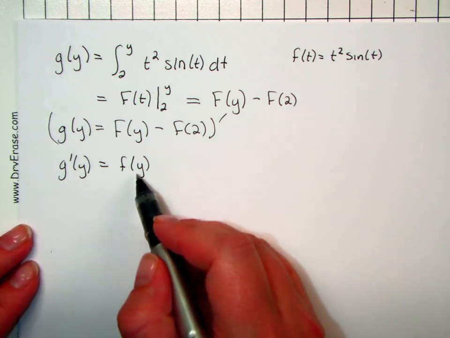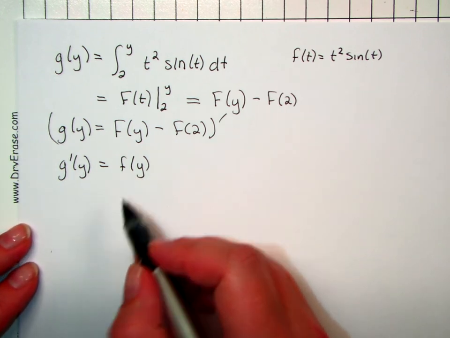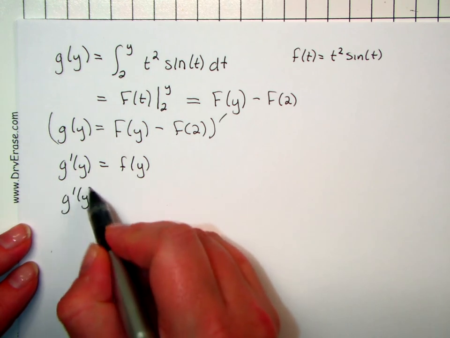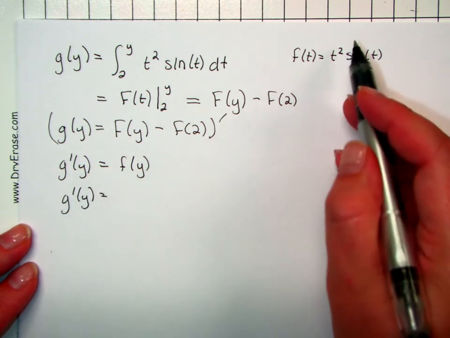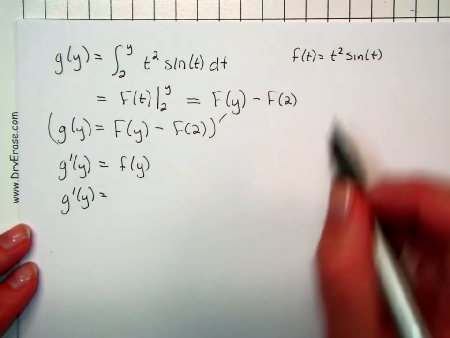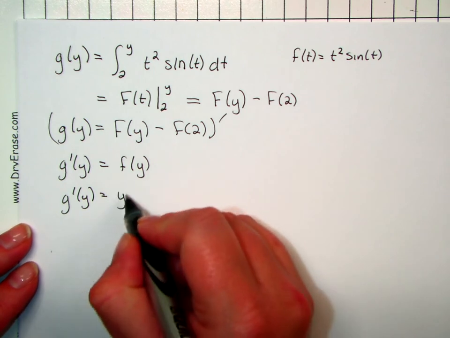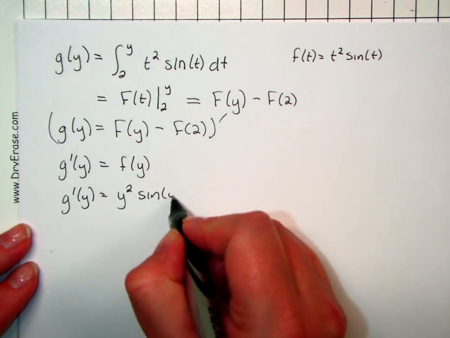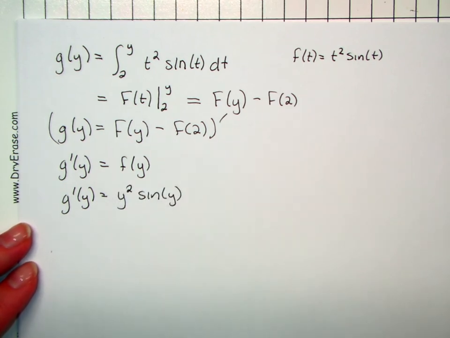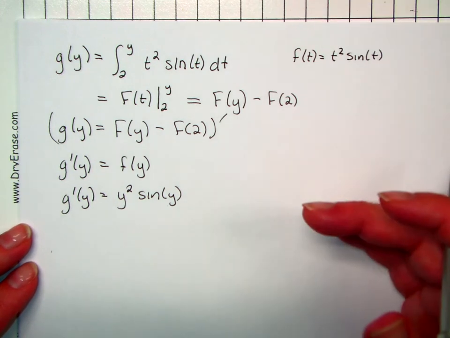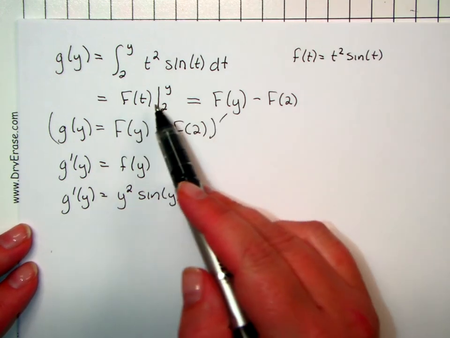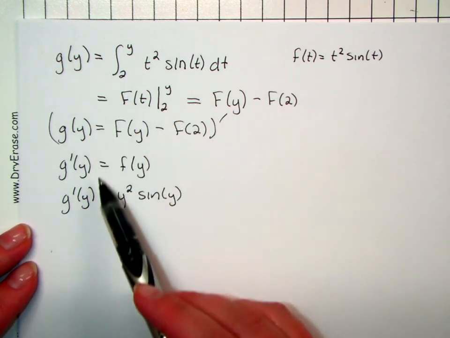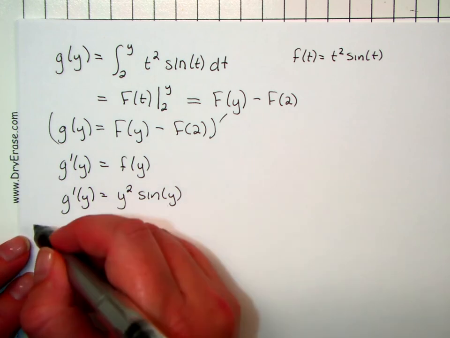So what is little f evaluated at y? Little f evaluated at y is y plugged into this function here, y squared sine y. Okay, so it's very theoretical. Without actually finding the antiderivative, we're taking the derivative of our antiderivative.